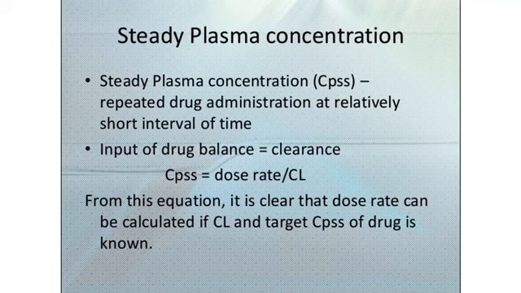The input of drug must be balanced with the clearance. So, CPSS is computed by dividing the dose rate by clearance. From this equation, it is clear that dose rate can be calculated if clearance and target plasma concentration at steady state of the drug are known.